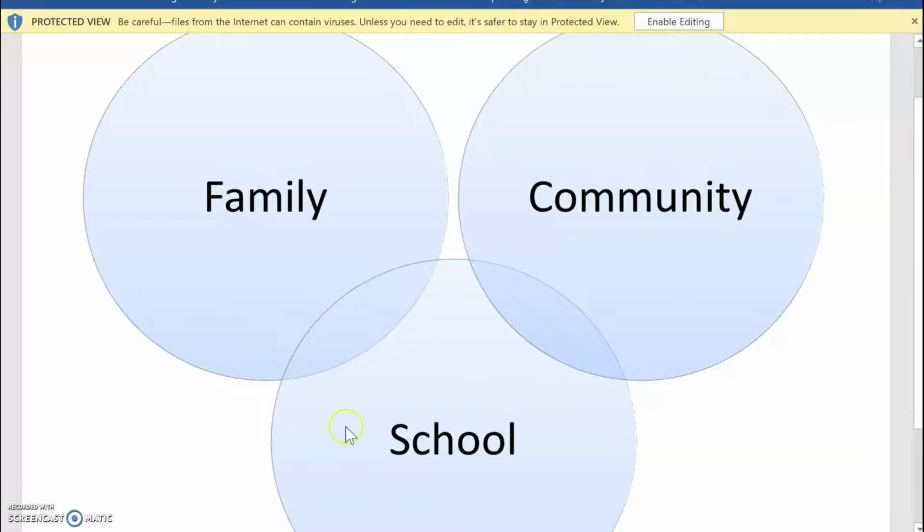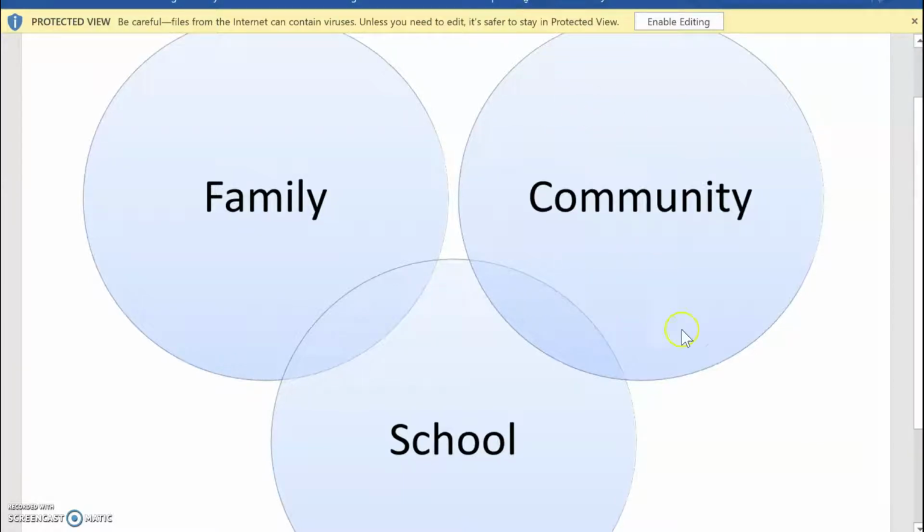So understand that if the school is our sphere of influence, the family overlaps with that, but there's so much here that goes on that we may not know or be aware of, or that we cannot thoroughly impact, but we do have this crossover here, and we want to widen this as much as we can while maintaining appropriate boundaries so that we can truly support the family while respecting the parent or family members as the person who is the expert on the child and sees the child in multiple settings that we may not be able to access.